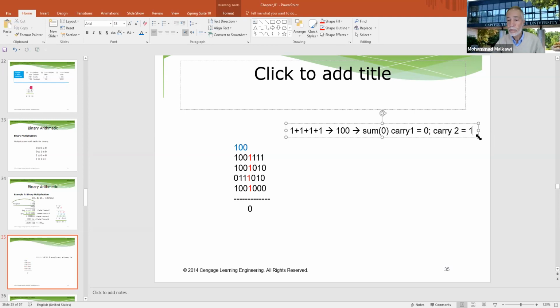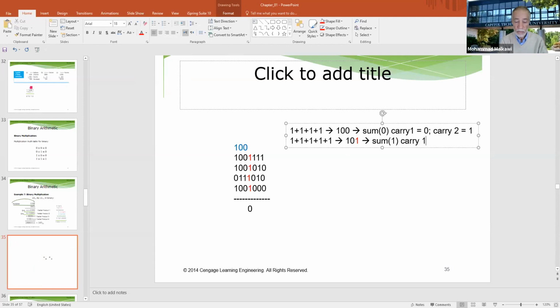Now it's also possible, because of a carry from the previous stage, I could have a 1, which is carry from previous stage, plus 1 plus 1 plus 1 plus 1, that's my original partial product, which is 5, 101. So that gives me my summation is 1, the first bit. That's my sum. And I have 2 carries.